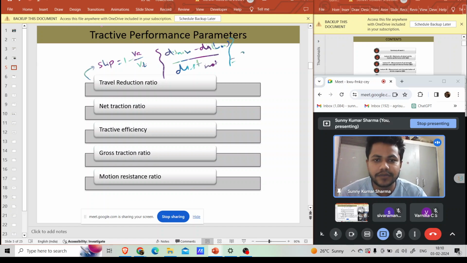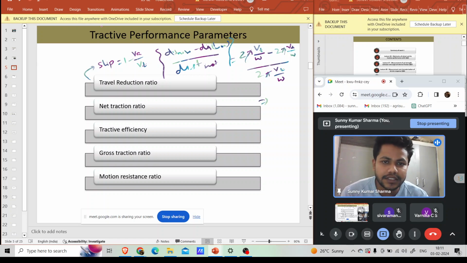Distance traveled is 2 pi into theoretical velocity by omega minus 2 pi actual velocity by omega, divided by 2 pi times theoretical velocity by omega. The 2 pi cancels, and omega you keep the same. To keep omega the same, we do this performance in no load condition, zero slip condition. From here we get Vt minus Va by Vt, which is 1 minus Va by Vt. This is the slip formula.